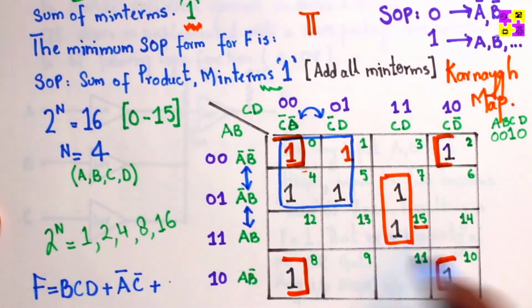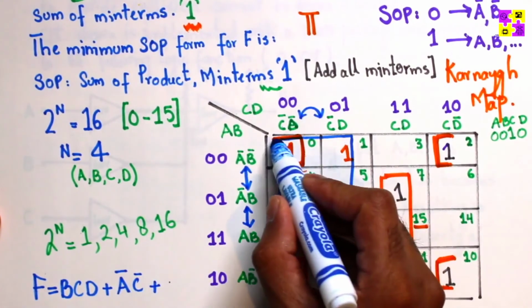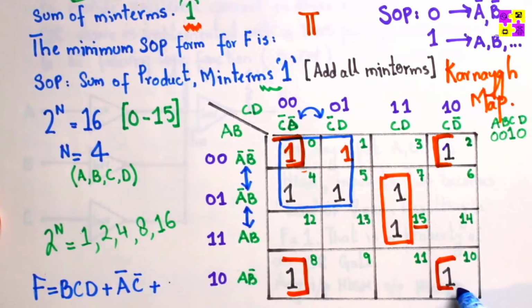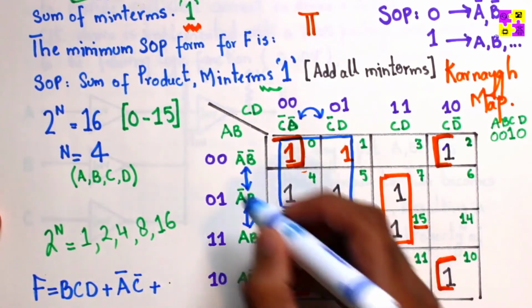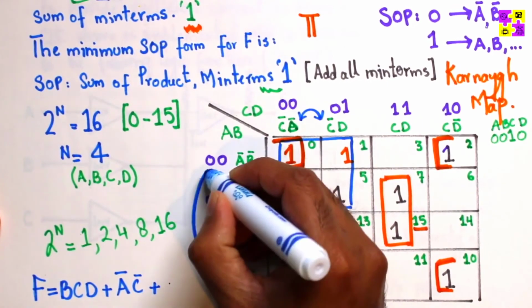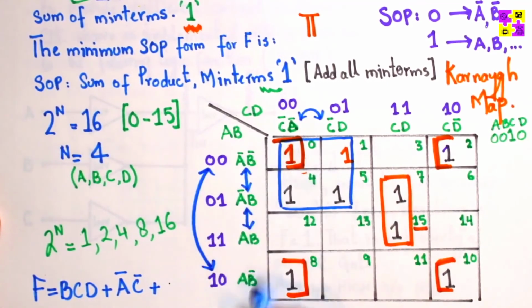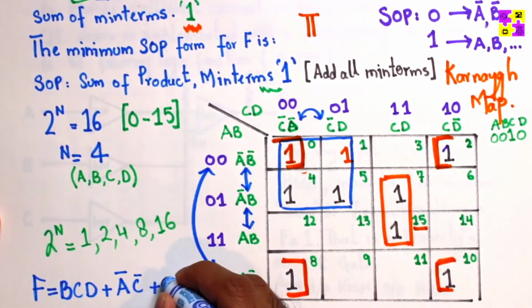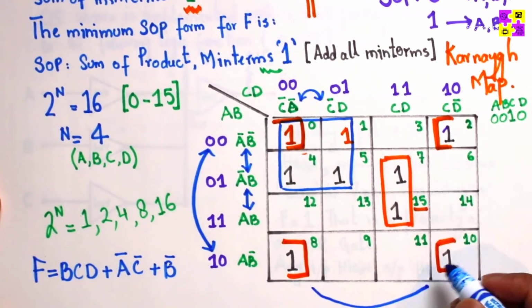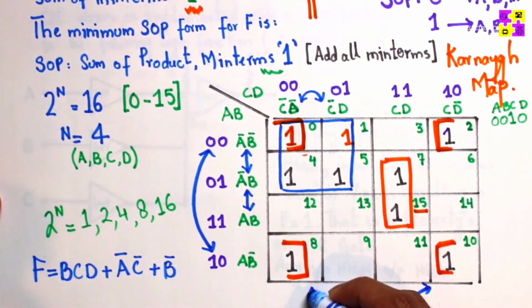Then you move on to the last group, which is basically the one in orange, the edges at the top and at the bottom, right? What is common between these two terms? Well, you get A bar B bar here, and you get A B bar. So the common here on the vertical axis is B bar. Let's look at the common on the horizontal axis. On the horizontal axis, what is common here?